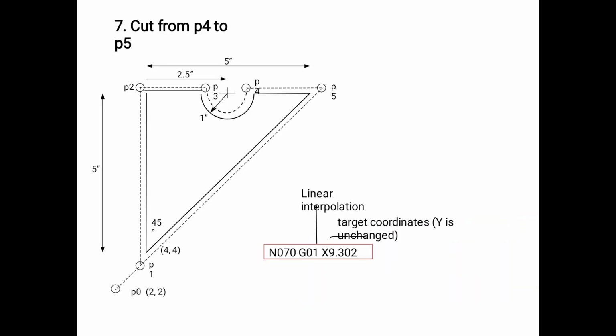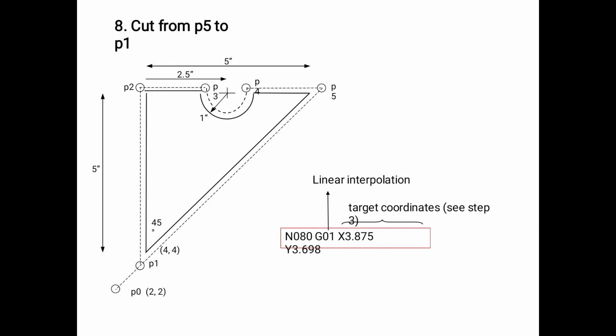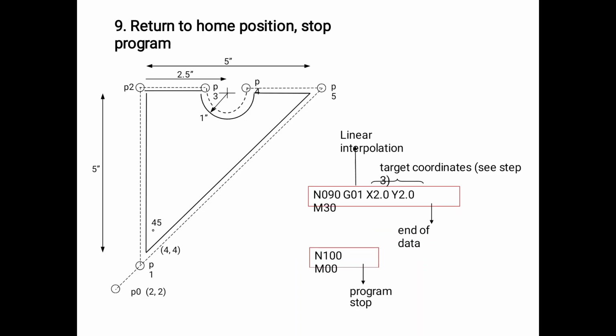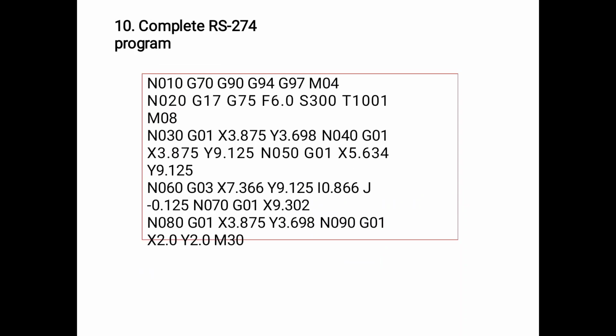Next, P4 to P5 is a linear movement as shown in the commands. Then the tool moves from P5 to P1 with linear interpolation, and returns to the home position, P1 to P0, as a linear movement, and the program ends with a stop, M00. These are the commands set for our programming, line by line.